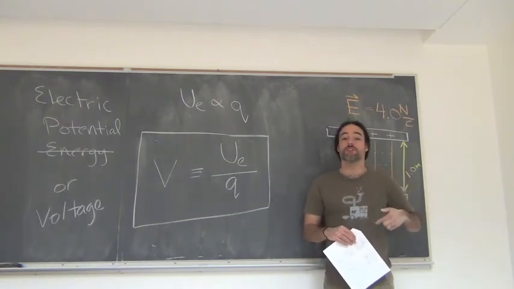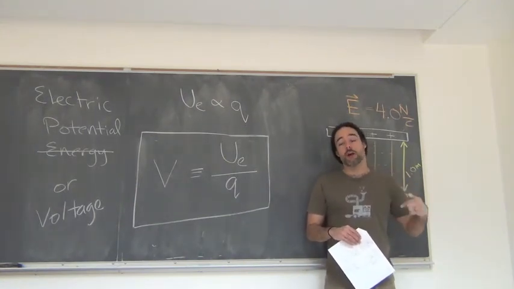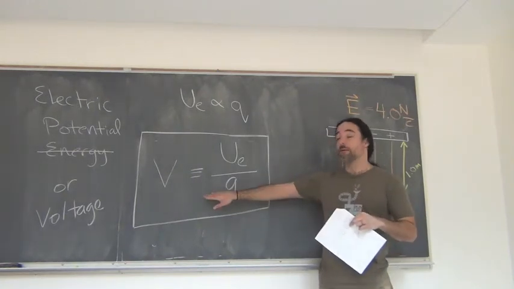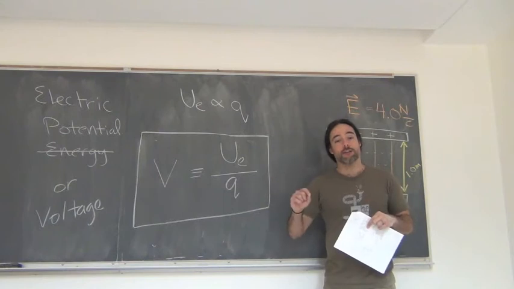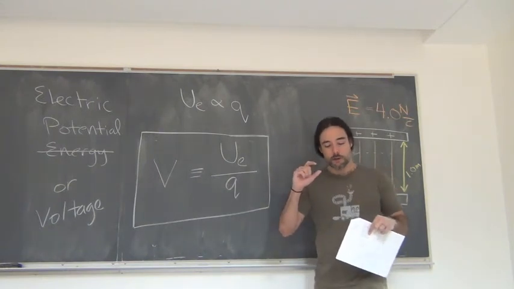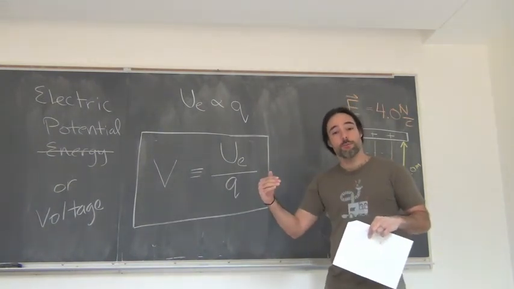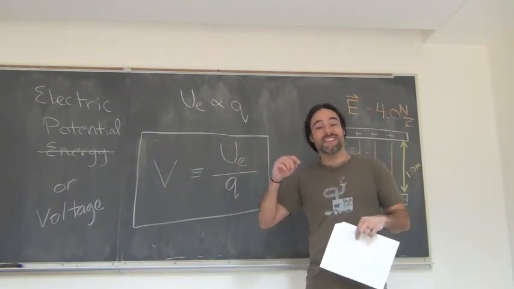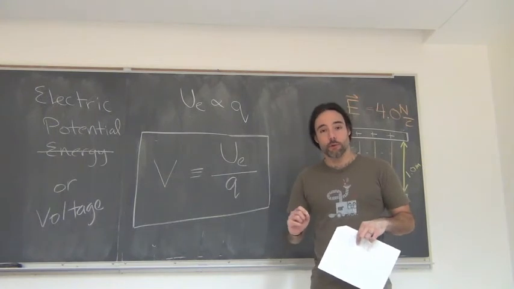So it's the same voltage that we dealt with when looking at current and Ohm's law last term. It's the same potential that you have across a battery. If you have a 9-volt battery, the electric potential difference between the positive end and the negative end is going to be 9 volts.